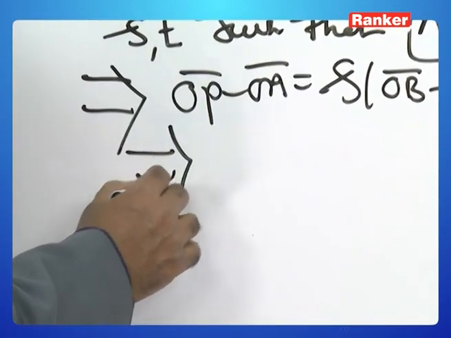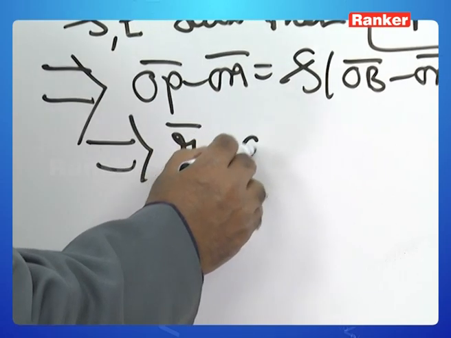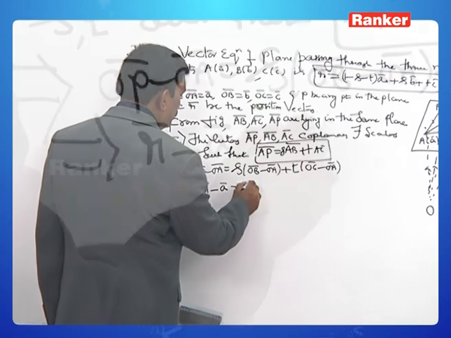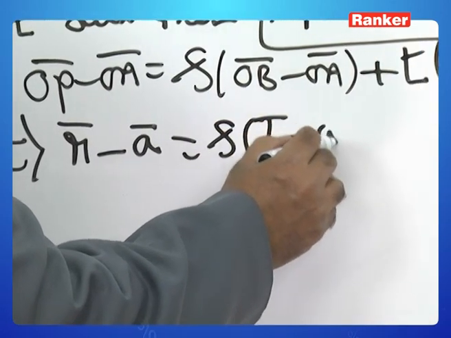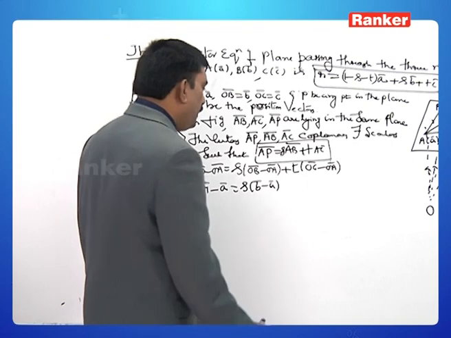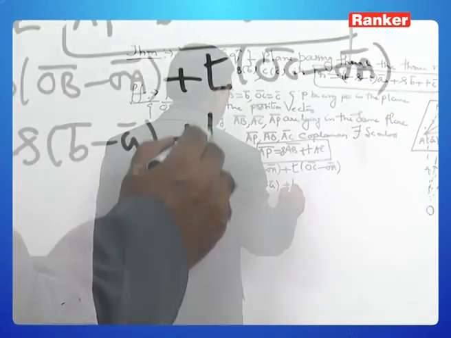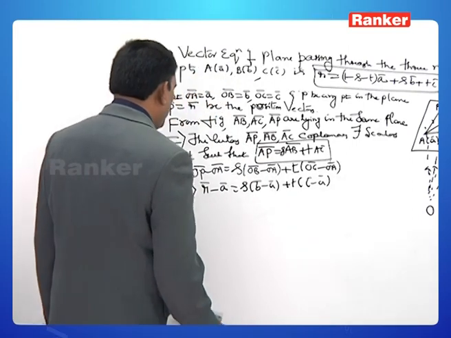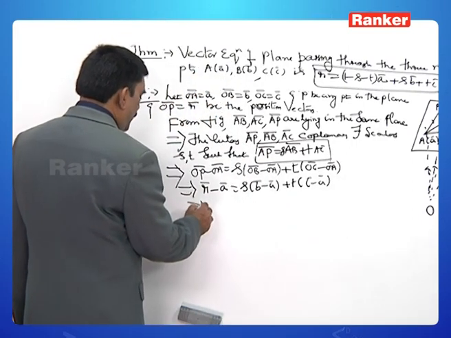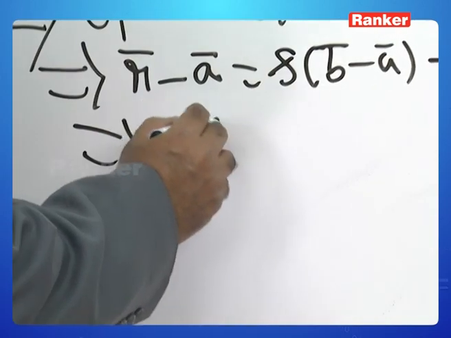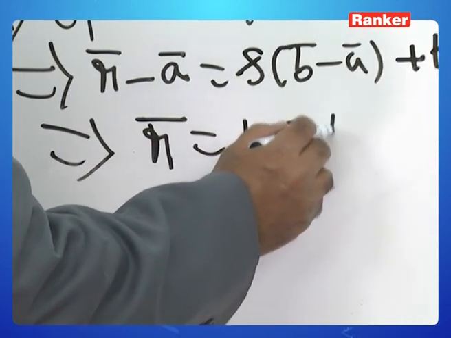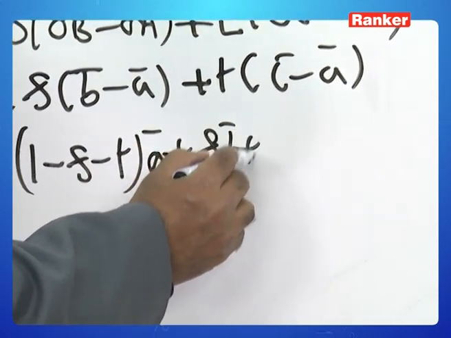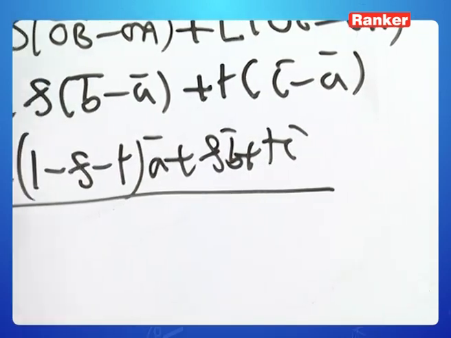Now which implies R bar minus A bar is equal to S into B bar minus A bar plus T into C bar minus A bar. Simplify, you are going to get 1 minus S minus T into A bar plus SB bar plus TC bar.